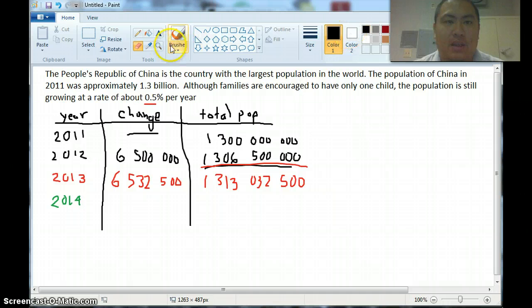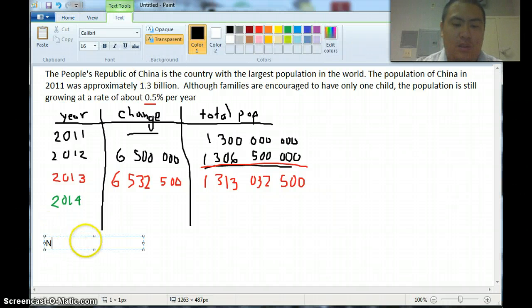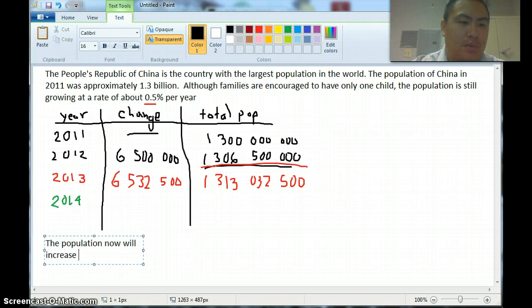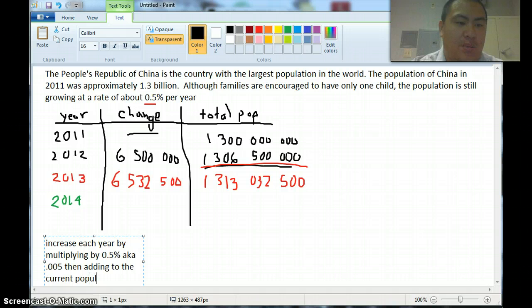Okay, so the now-next rule will look like this. The population now will increase each year by multiplying by 0.5%, or 0.005, then adding to the current population.